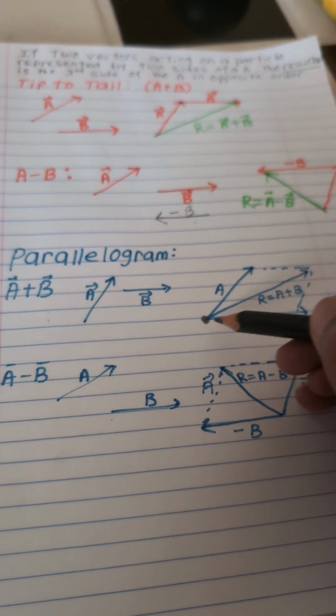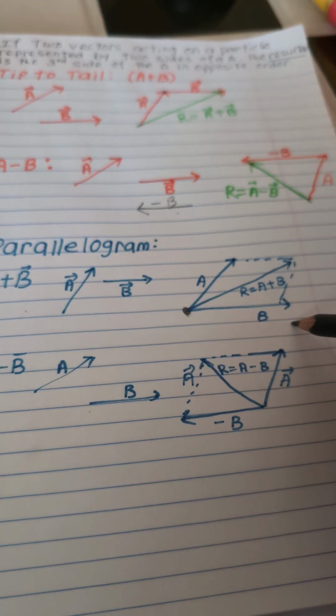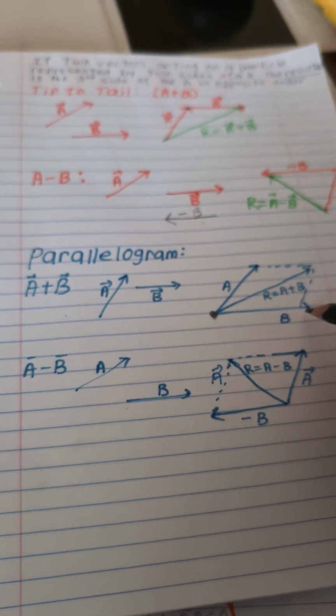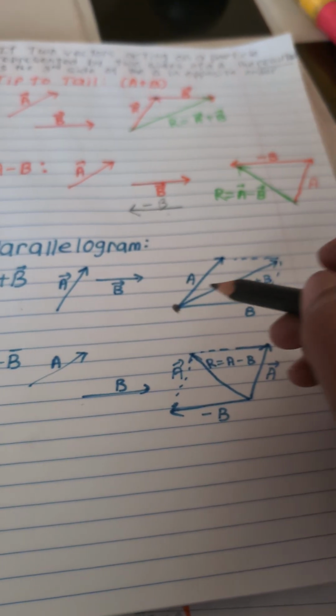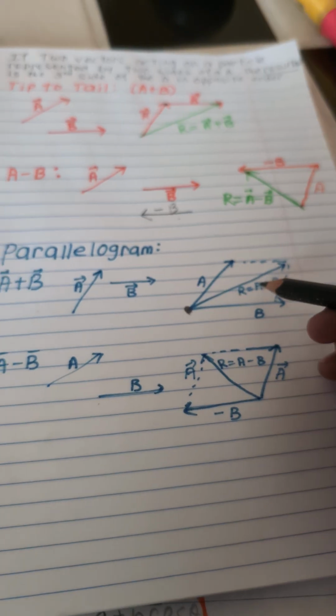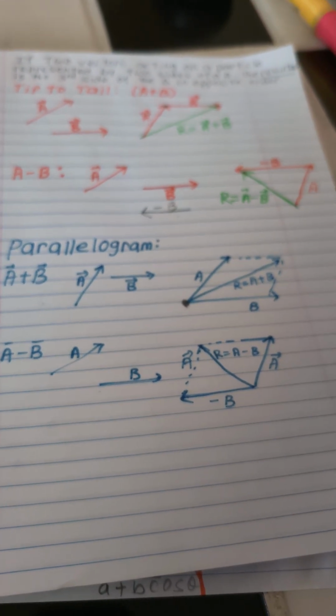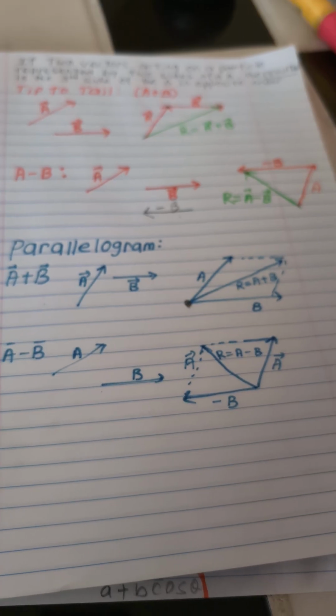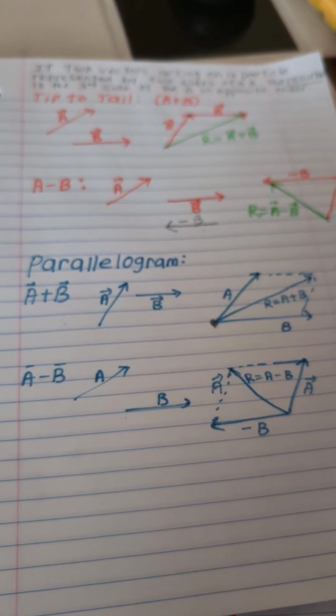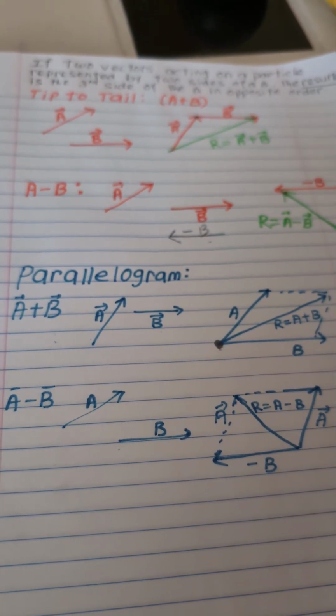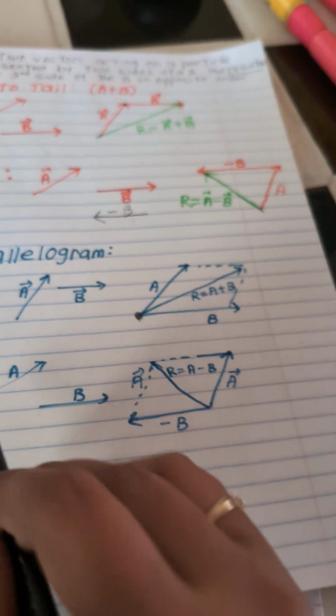A towards this direction, B towards this direction, then the resultant you will get is the diagonal of the parallelogram. That will give A plus B. The complete proof I put in the next video. You can go through that video.